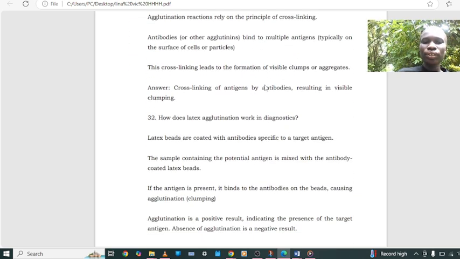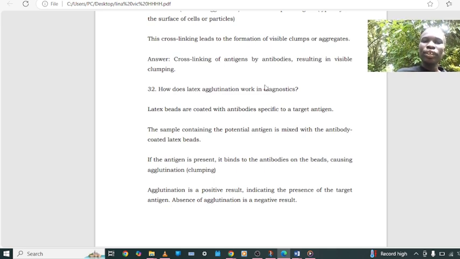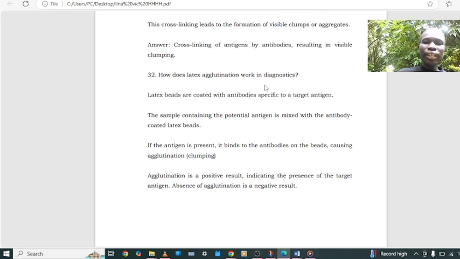So my second question is question number 32. It says, how does latex agglutination work in diagnostics? Latex beads are coated with antibodies specific to a target antigen. The sample containing the potential antigen is mixed with the antibody-coated latex beads. If the antigen is present, it binds to the antibodies on the beads, causing agglutination.